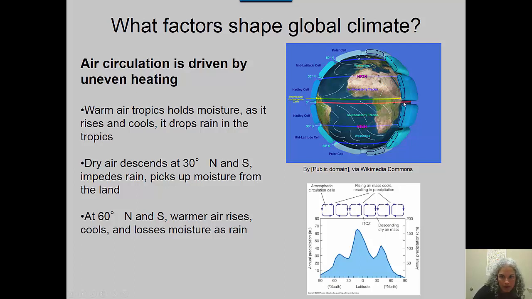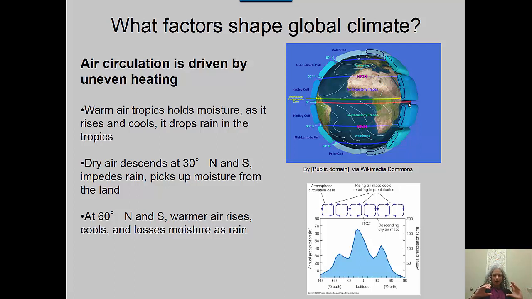So we just learned that the warmest part of our planet is going to be, in general, around the equator. So the air in the atmosphere in the equator is going to be warmer than other places on Earth. That warm air is going to hold a lot of moisture. Warm air picks up moisture from water bodies, and it has a greater ability to hold that moisture than cool air.